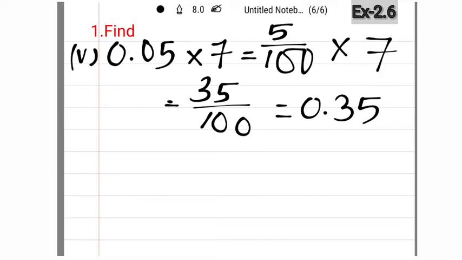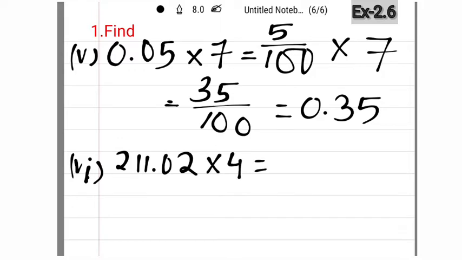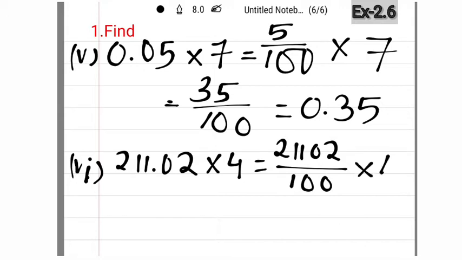Now come to the next bit, that is VI. 211.02 into 4. When 211.02 is converted, we will get 21102 by 100 into 4.